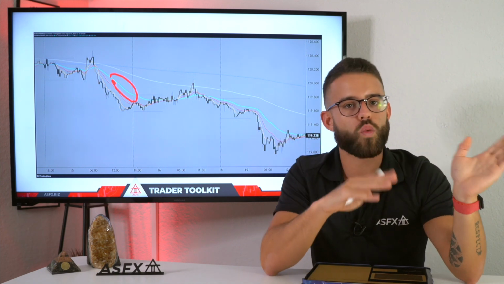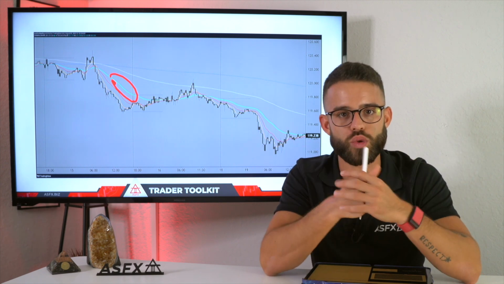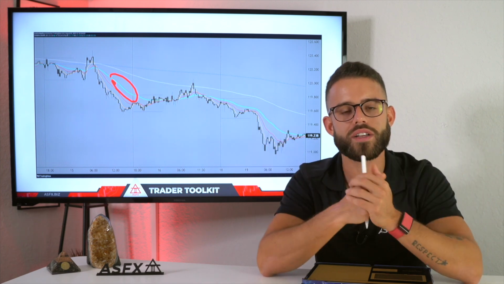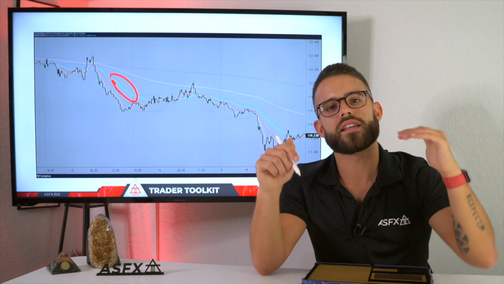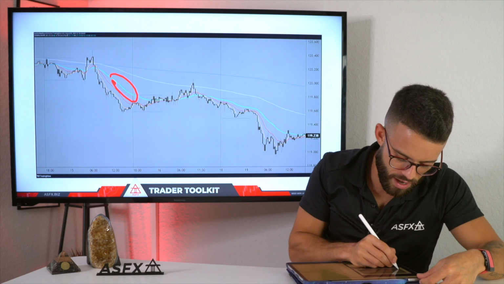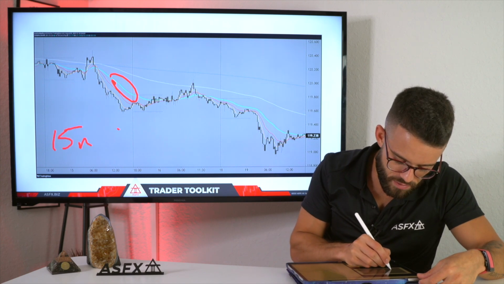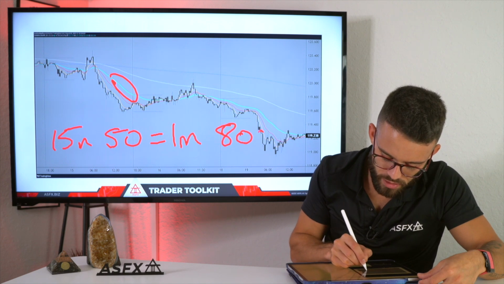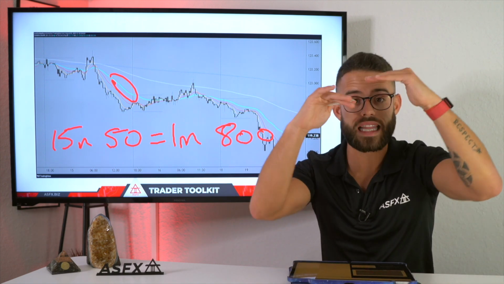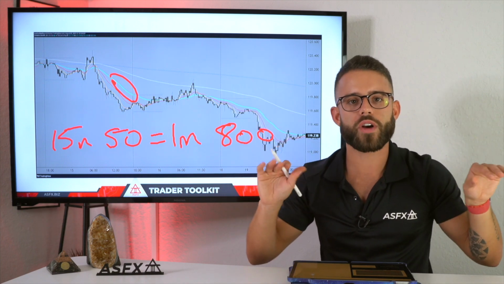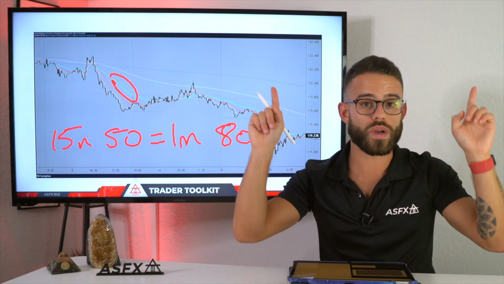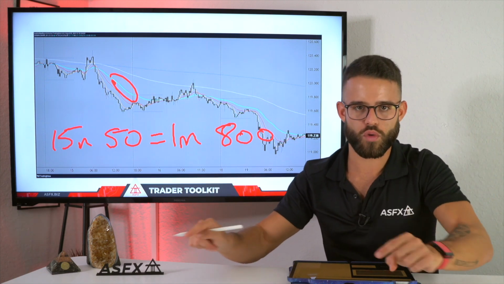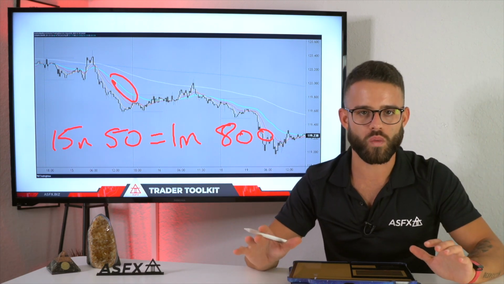If you were to then go to the 1 minute, which we do get into as I teach you the D1 and D2 entries, you need the 15-minute and the 1 minute to take those trades. You have to understand that the 15-minute 50, I'll write this down, 15-minute 50 equals the 1 minute 800 EMA. It's the same level, but because you're going from 2 different time frames, it's a different EMA. So again, 15-minute 50 is the 1 minute 800 moving average. That's really the most important one as far as cheat sheet.